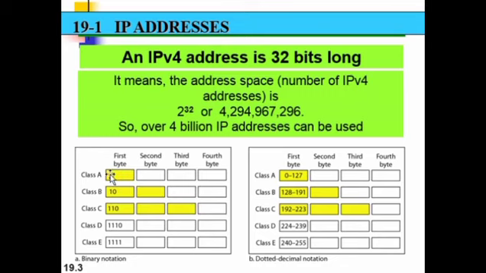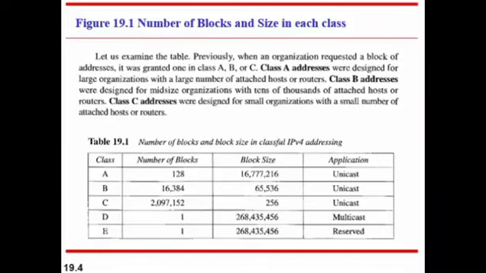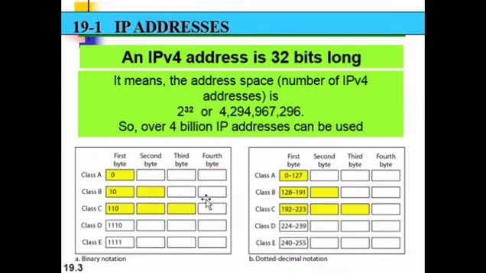In class B, two bytes as the net ID, and in class C we have 3 bytes as the net ID, and the remaining ones are host IDs. From these net IDs we will calculate the number of blocks or organizations, and from the host IDs we will calculate the block size of each block in every class, right?